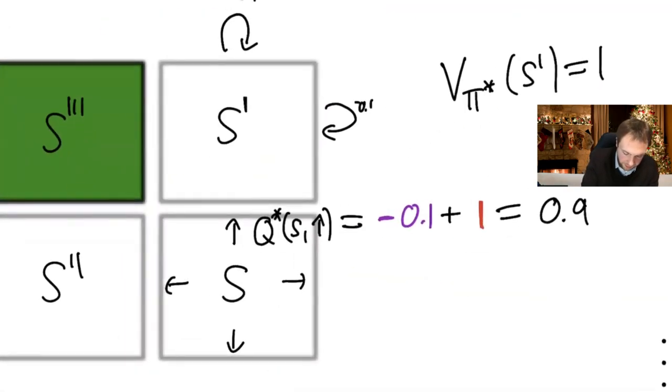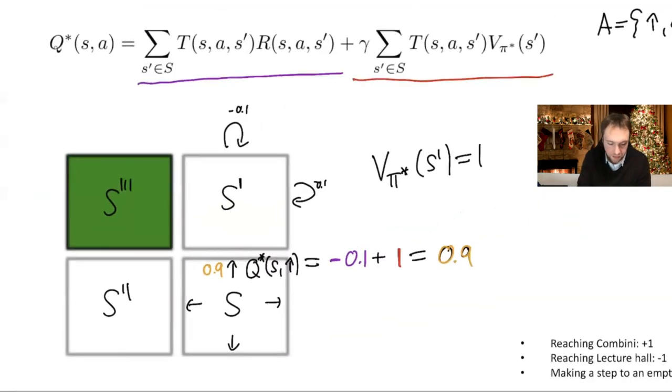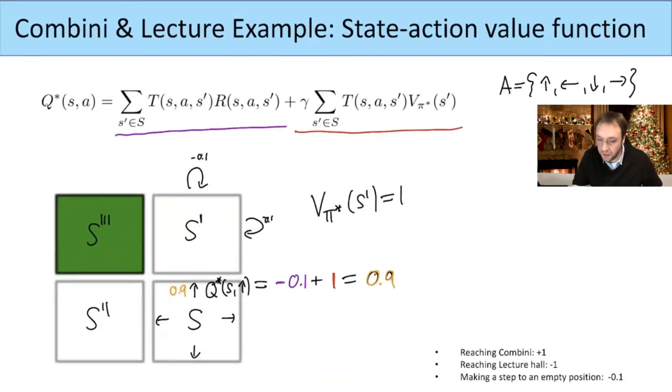So here we have 0.9 as the value of our state action value function for this state going in this direction. And with the same argument, because this is symmetric, we also have 0.9 going to the left.